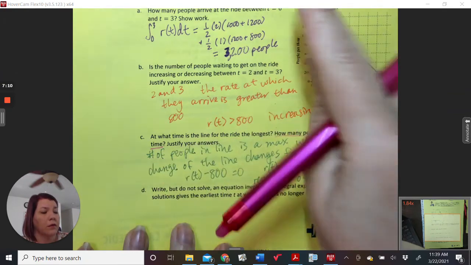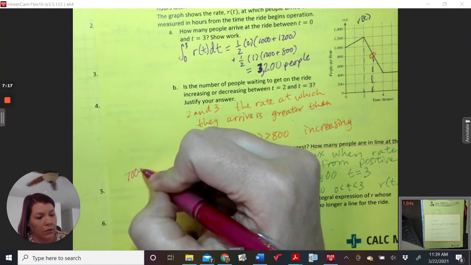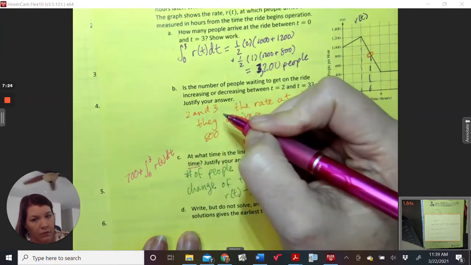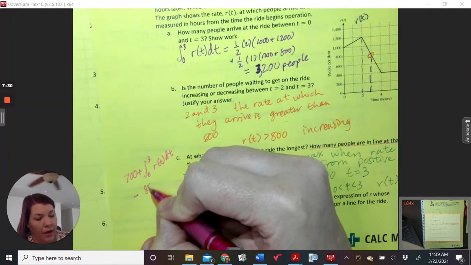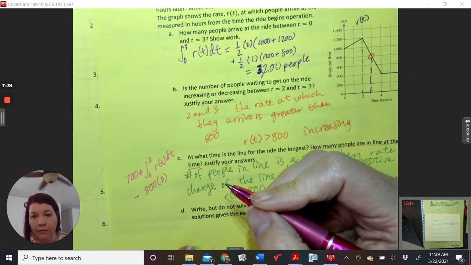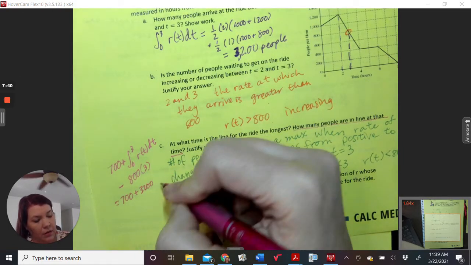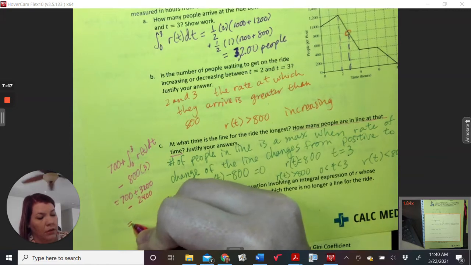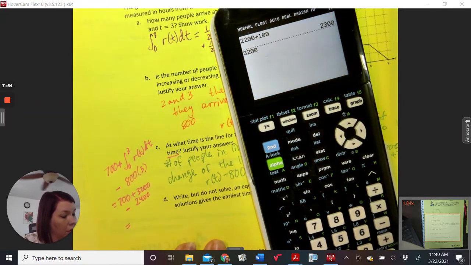There are 700 people in the line in the morning, plus the integral from 0 to 3 of R of t dt, which we found in part A, minus 800 times the 3 hours people have been getting on the ride. So this becomes 700 plus 3,200 minus 2,400, which is equal to 1,500.